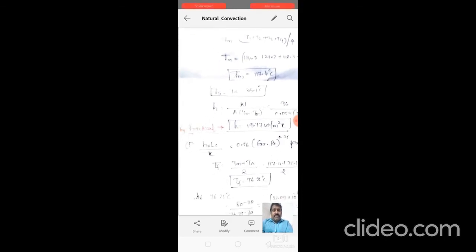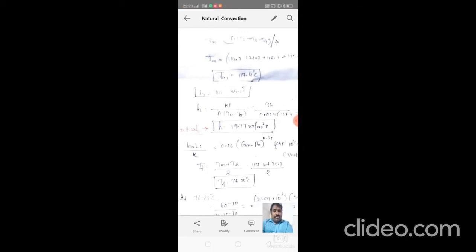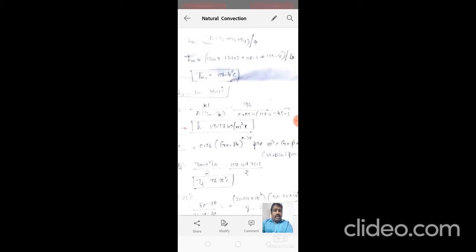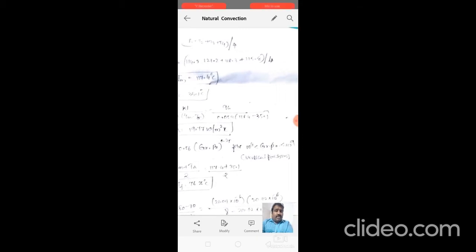Suppose for the same experiment we want to calculate the theoretical heat transfer coefficient. Here the column is in the vertical position, so the equation becomes h L divided by k equals 0.56 into (Grashof number times Prandtl number) to the power of 0.25, for 10 to the power of 4 less than Grashof number times Prandtl number less than 10 to the power of 9.